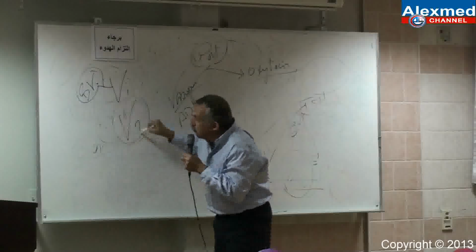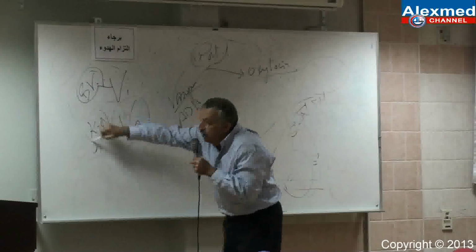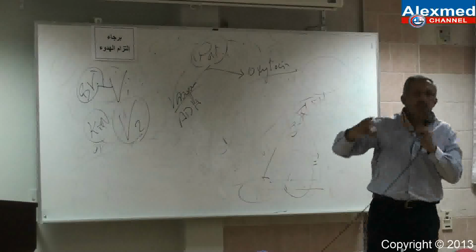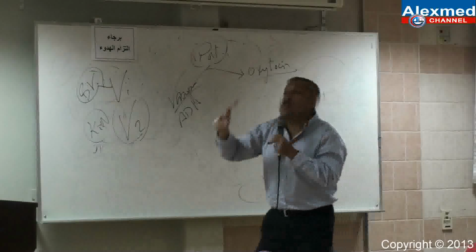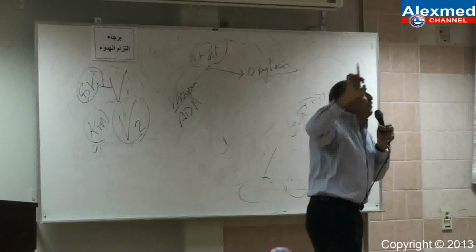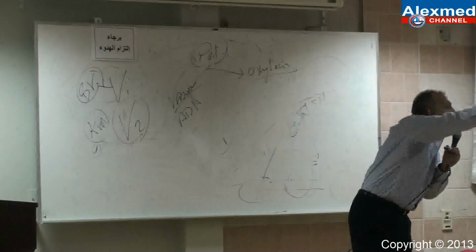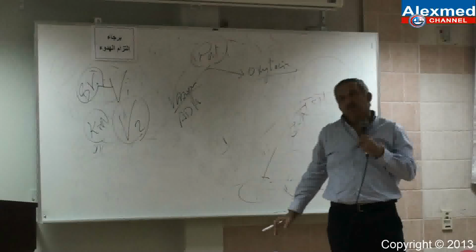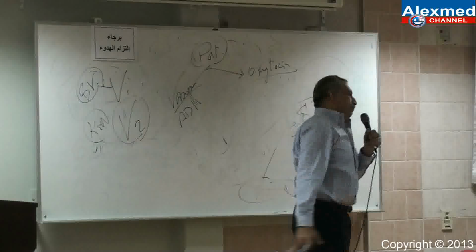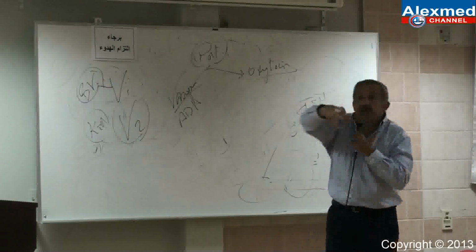V2, kidney, for anti-diuretic hormone action, for water reabsorption in the distal convoluted tubules and collecting ducts, to maintain the osmolarity of your urine. Anti-diuretic hormone, to retain water.